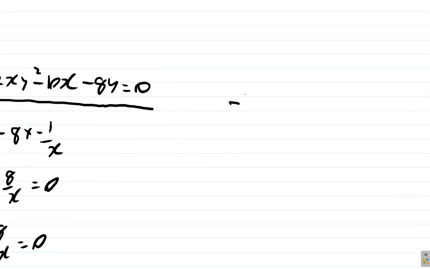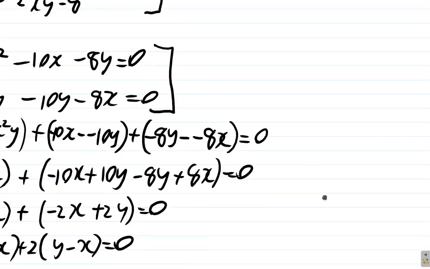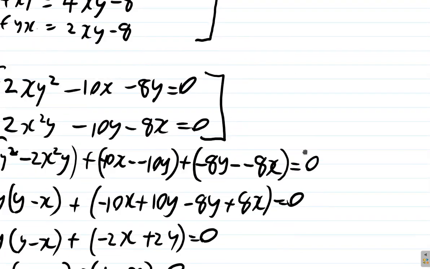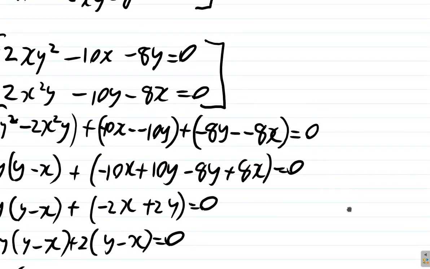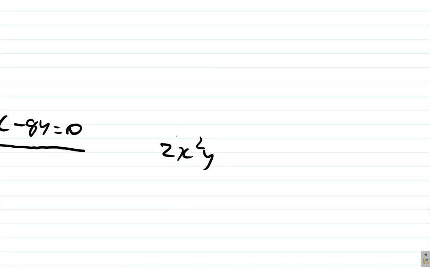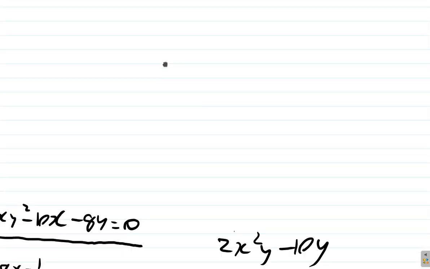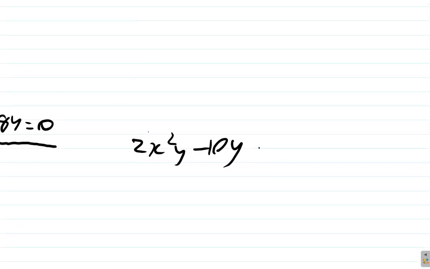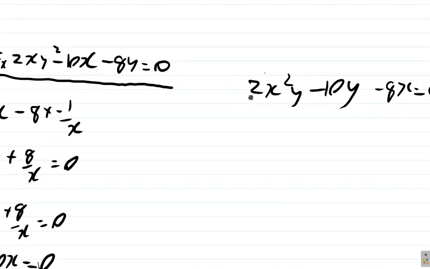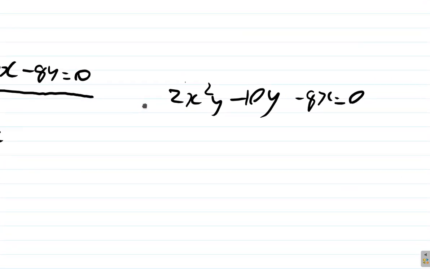Let's see what would happen if we tried it with the 2x squared y. Let's try that. 2x squared y minus 10y minus 8x equals 0. Remember, y is negative 1 over x.